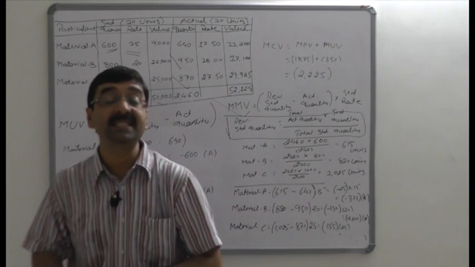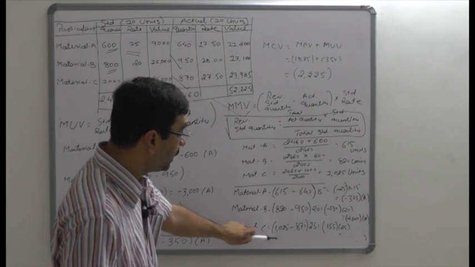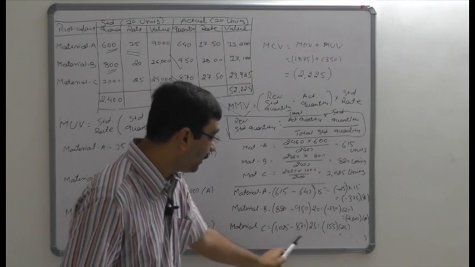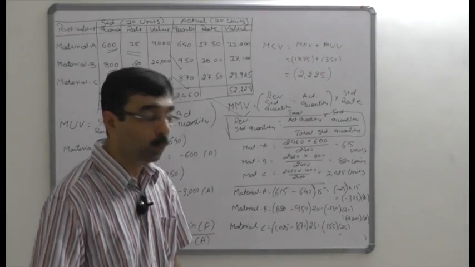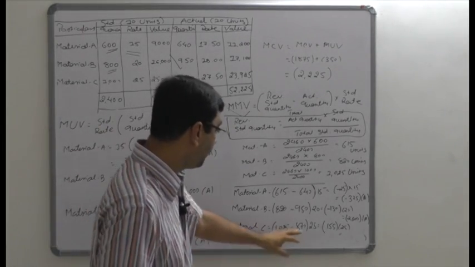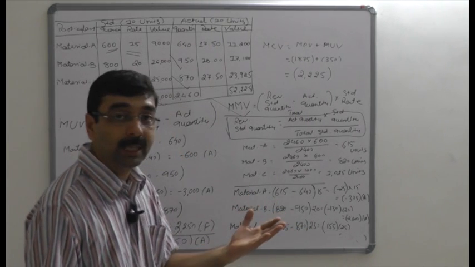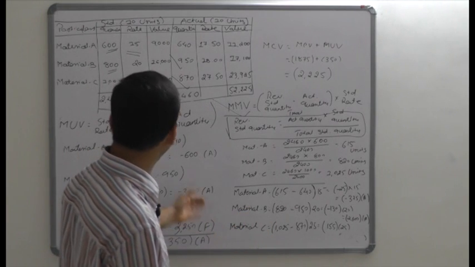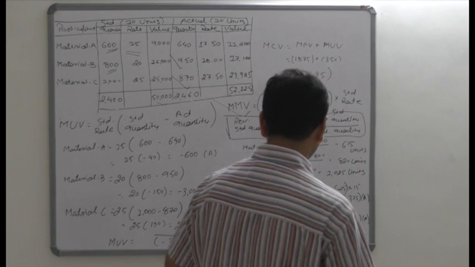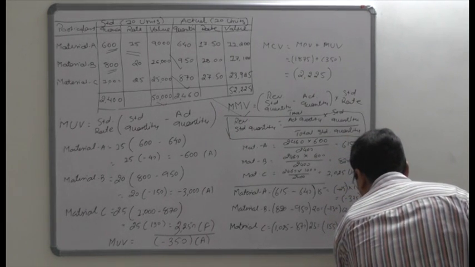Why is it positive? Because the revised standard quantity is quite higher than the actual quantity used, a difference of 155 units. So 155 units is surplus, that is in reserve compared to the actual quantity used. The standard rate is 25, so the multiplication comes to 3875 favorable.